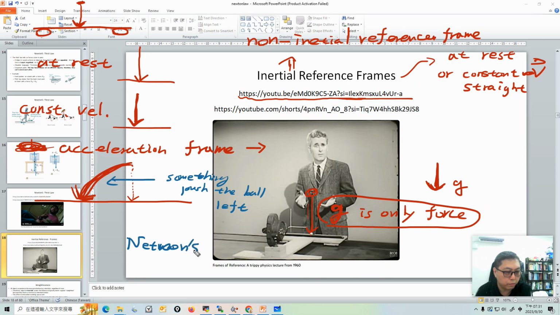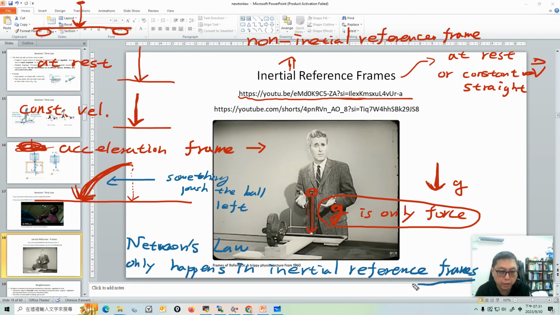Newton's law only happens in inertial reference frames. That's an important concept. That's why these three laws are all important.